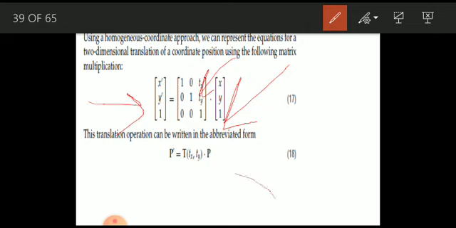So basically it is P dash is equal to T with the parameters tx and ty multiplied with the original values x, y for a particular point.